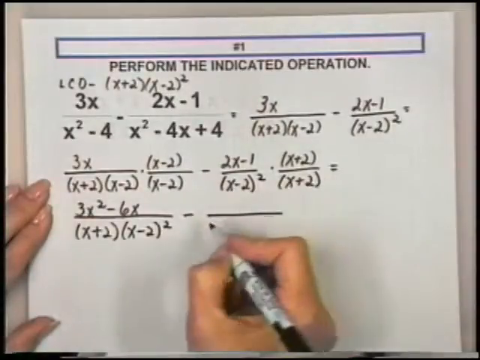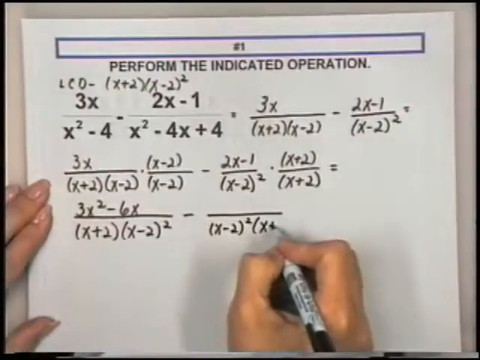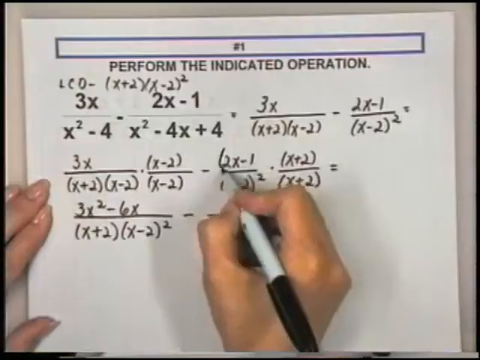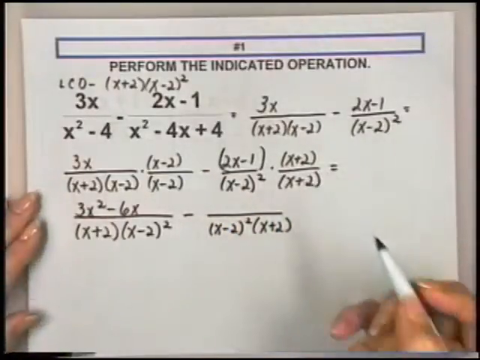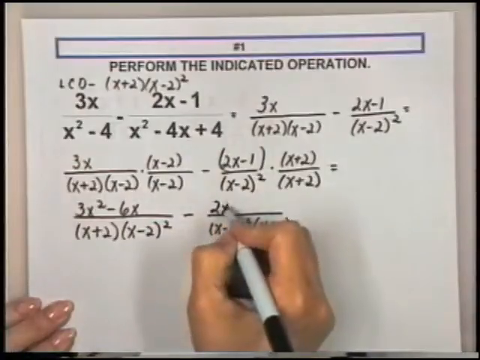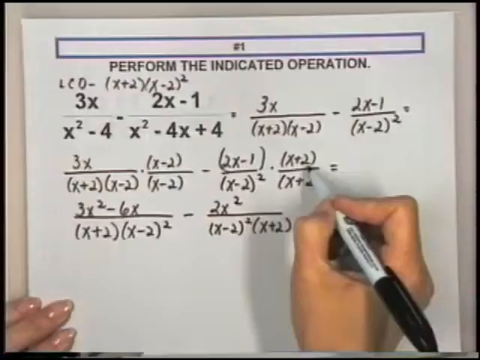For my second fraction, let's go ahead and write the denominator. Let's multiply out the numerator. I have a binomial times a binomial, so I need to use FOIL. 2x times x will give me 2x squared.